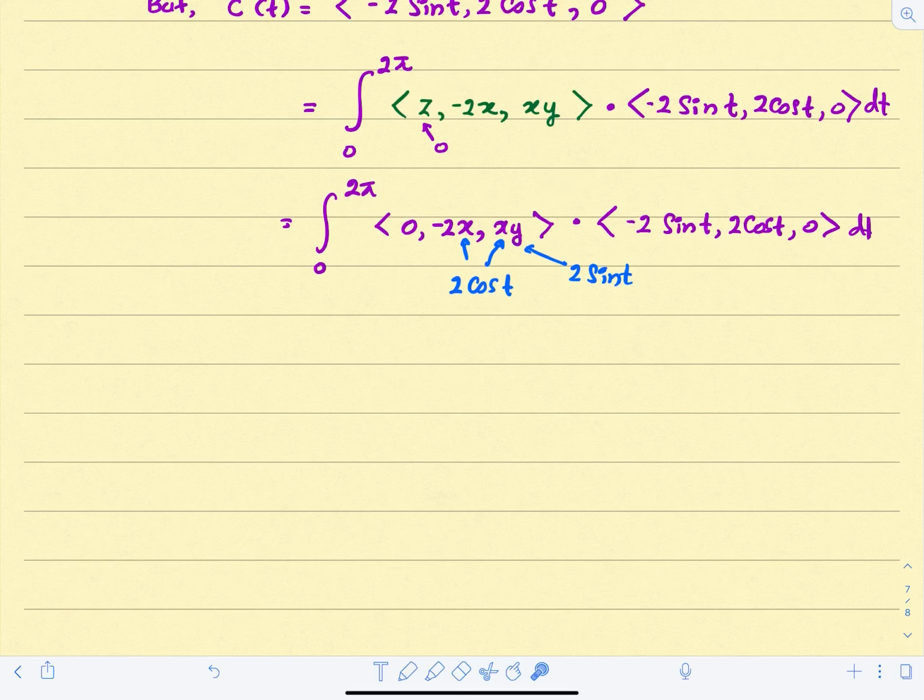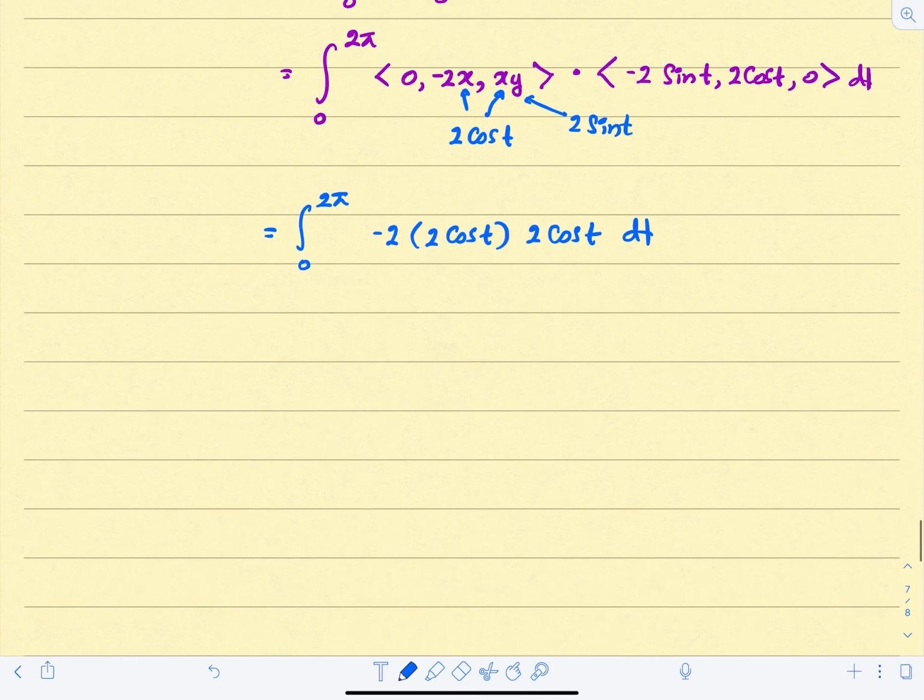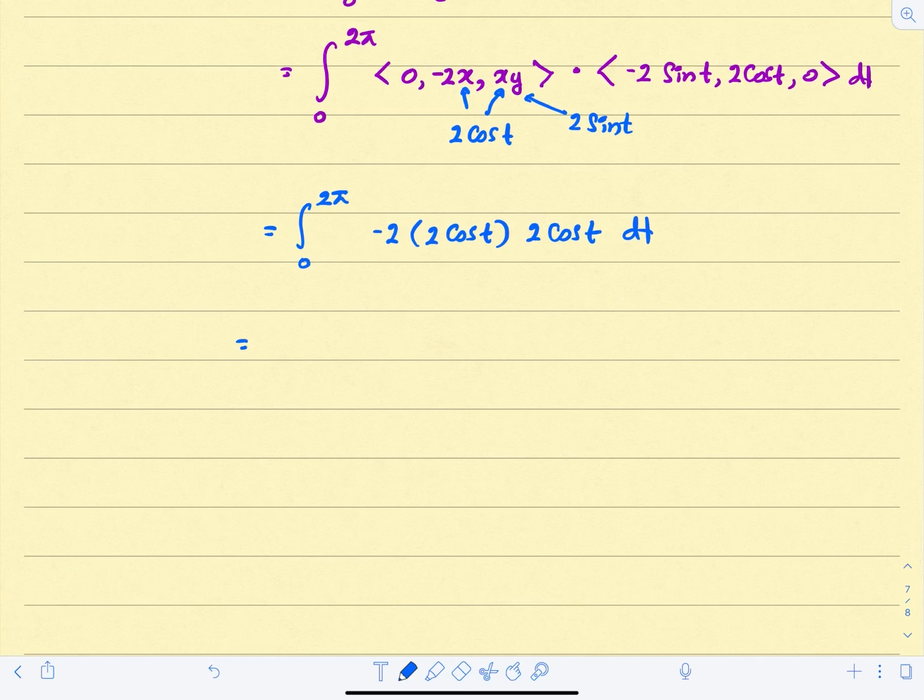And we only get a contribution from the second component, which is negative 2 times x. What is your x? x coordinate is 2 cosine t, times another 2 cosine t term. So basically we have negative 8 cosine squared t dt.